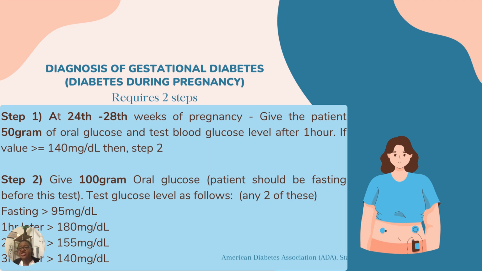So that means she can come into the clinic the next day after the first step for us to carry out the second step. While she's fasting, as soon as she comes into the clinic, we check her blood glucose level. If this fasting blood glucose level is greater than 95 milligram per deciliter, this is one of the criteria.